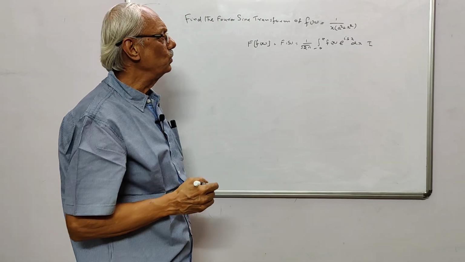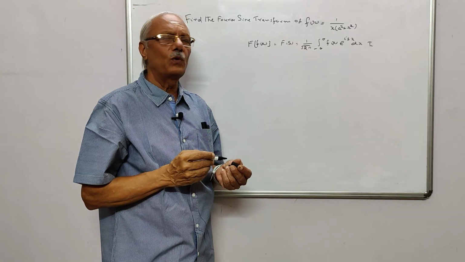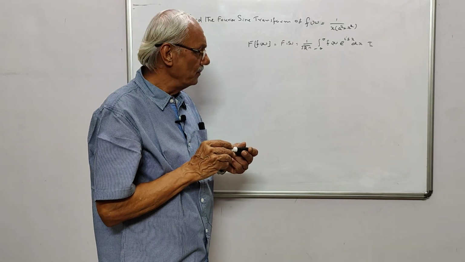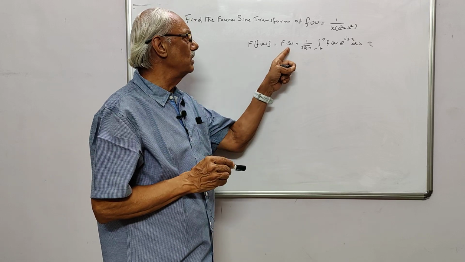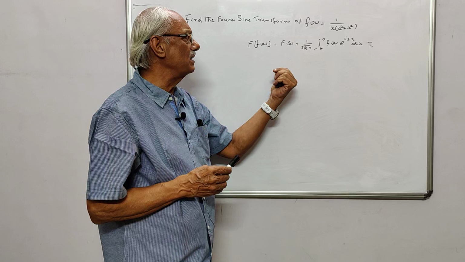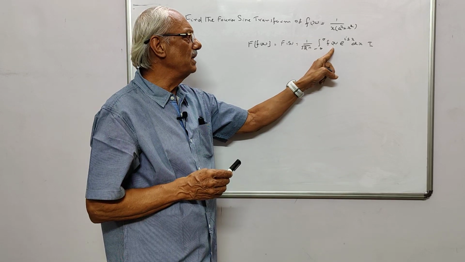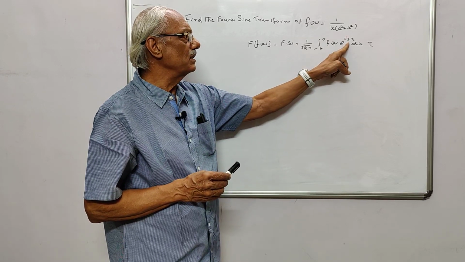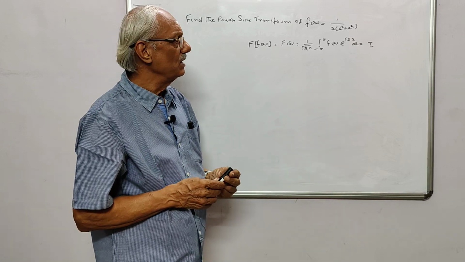This is what I taught you as the Fourier transform of a function f of x, and that it is denoted by F of s. And we can go for the inverse Fourier transform, in which case this will be F of s and it is e to the power of minus isx.